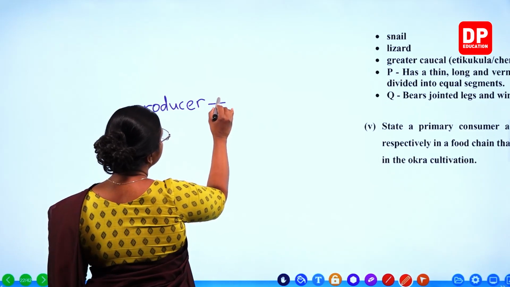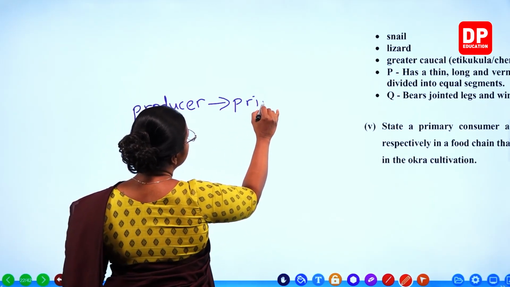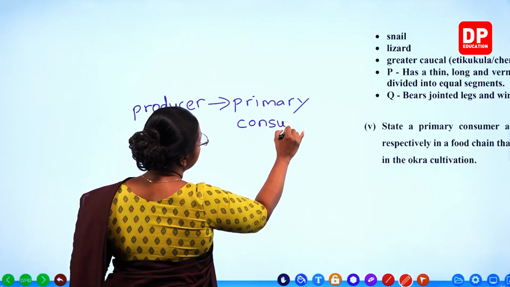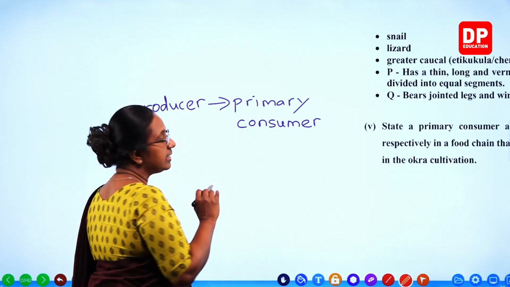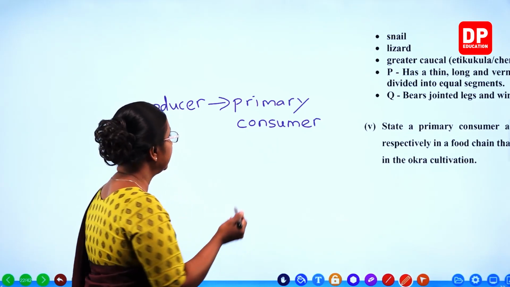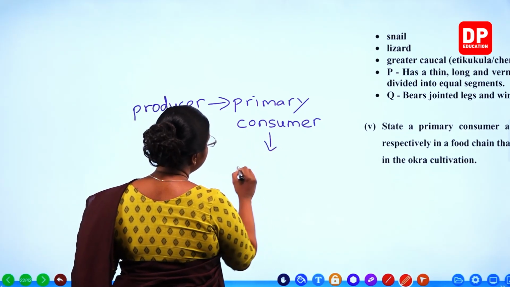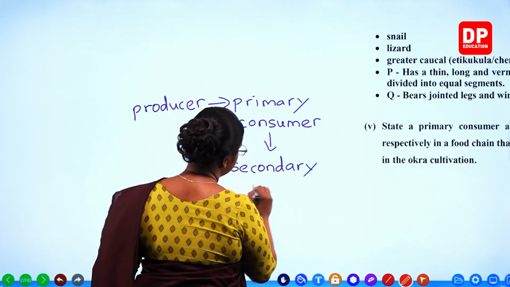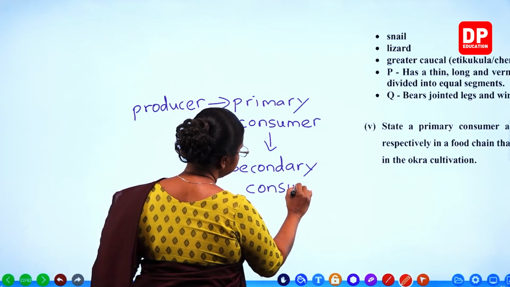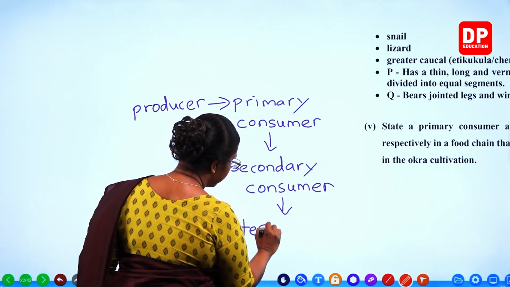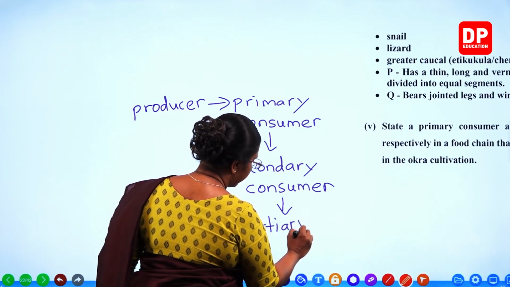Then from the producer, it is the primary consumer. Usually the primary consumer is a herbivore. Usually, it doesn't have to be always, but normally it is a herbivore. Then we have the secondary consumer. And finally, we can have tertiary consumers.